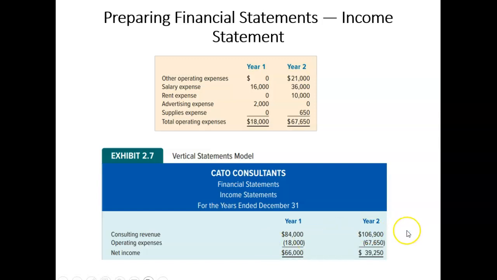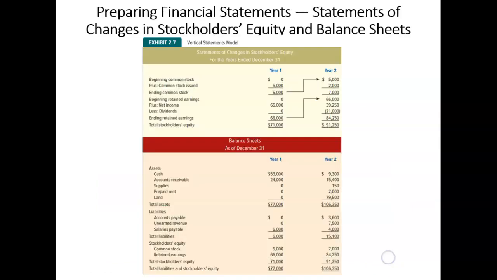Year 2, total revenue $106,900, expenses total $67,650, net income of $39,250.